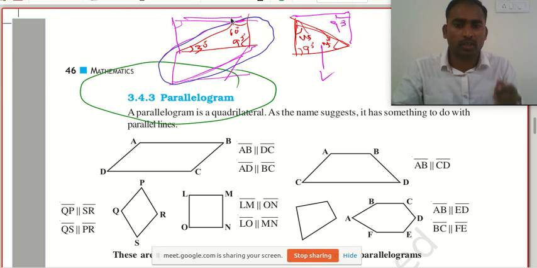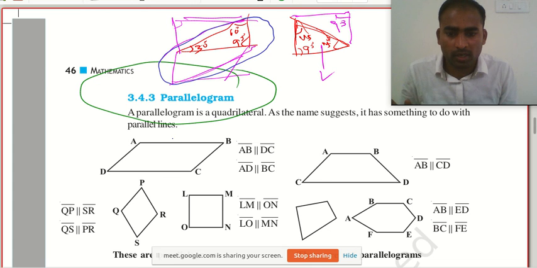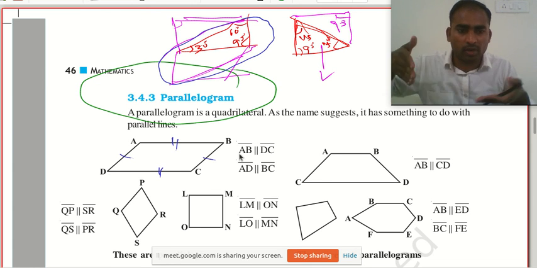If I use two set squares in opposite positions, then we can form a parallelogram. What is a parallelogram? In a parallelogram we have two parallel sides of equal length. This side and this side have equal length, and these two are parallel.